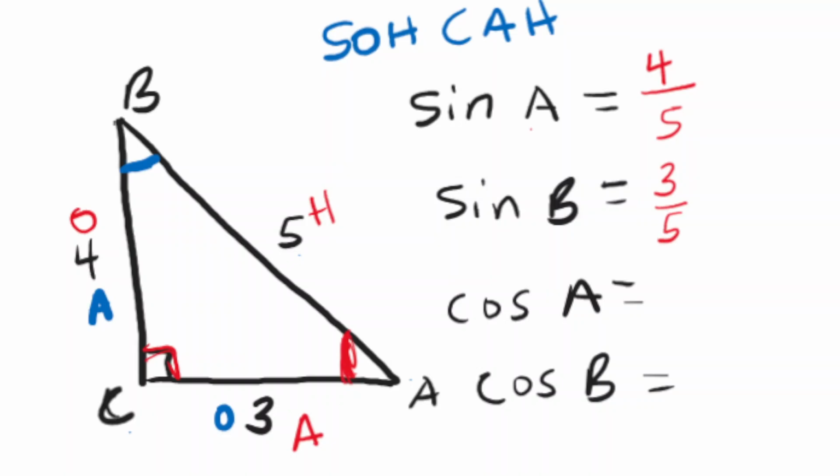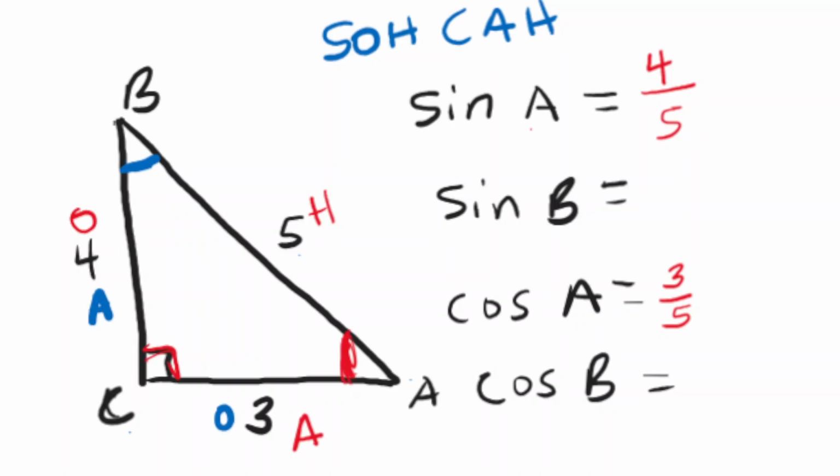Oh sorry, this is for cos A. I wrote that as sine B. So we're talking about cos A. Opposite is 4, adjacent is 3, hypotenuse is 5, and cos is adjacent over hypotenuse. So adjacent is 3 over hypotenuse, which is 5.